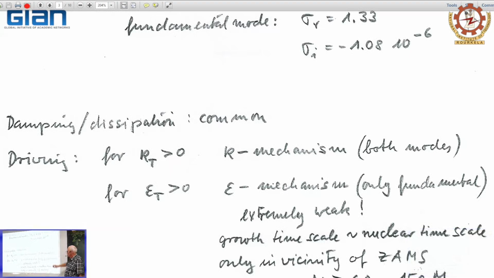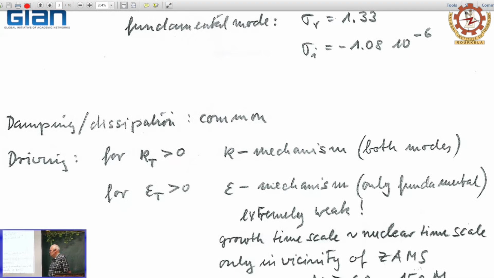Both modes show driving in those regions where kappa T is bigger than 0, but only the fundamental mode showed a driving region associated with positive epsilon T. Once the epsilon mechanism is working, it is extremely weak. So the growth rates obtained from the epsilon mechanism are very small. This is not surprising because the epsilon mechanism should work on the nuclear timescale.